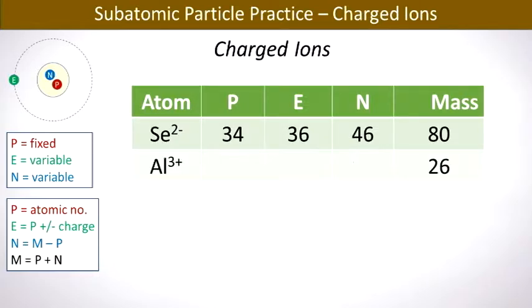Let's consider aluminum +3, which means we've lost 3 electrons through the process of oxidation. In this case, we have a mass number of 26. To obtain the number of protons, we simply look at aluminum on the periodic table for its atomic number, which is 13.